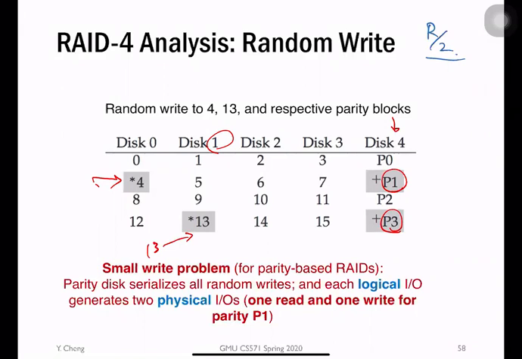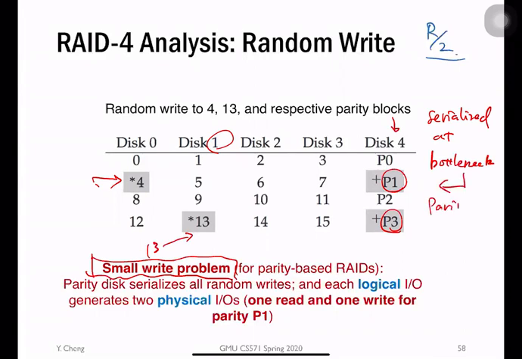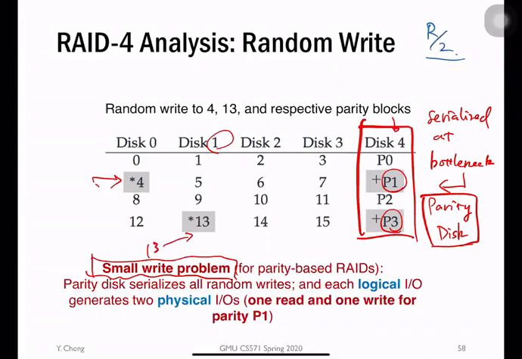So this boils down to the so-called small write problem. All the small writes get effectively serialized at this single point of bottleneck, which is the parity disk. That further gets translated into two physical I/Os.